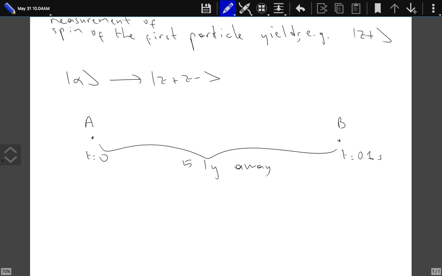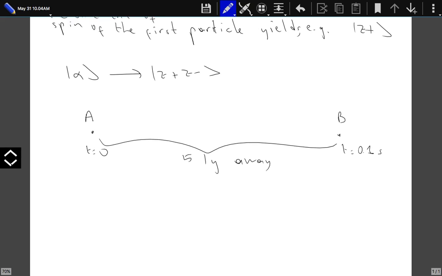If A measures in X, let's define it as bit 0, and if it measures in Z, then bit 1. So if the B measurement can determine in which direction A makes the measurement, you are sending information.